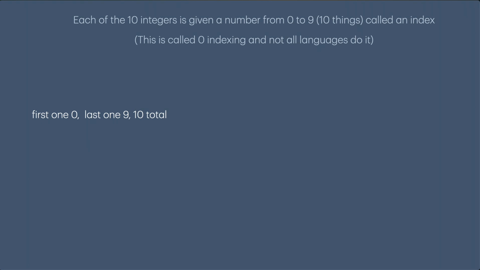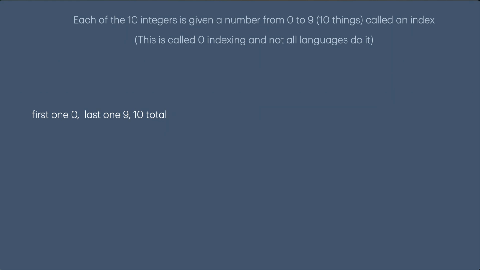Now, we have a few questions still to answer. How do we get to each one of these individual boxes in memory? We start by using something called an index, and in Java we have zero indexing, meaning the first element, or the first integer, will be at index value 0, and the last integer will be at index value 9.